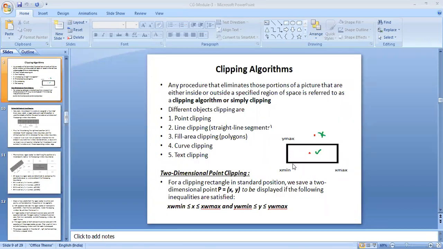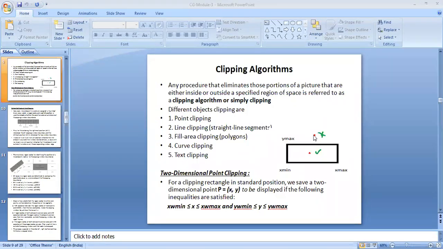But coming to y min and y max, this is y min, this is y max, and the operation is "and", which means both the constraints should be satisfied. So this constraint will be satisfied for this upper point. But coming to this constraint, what is the y coordinate? The y quadrant is obviously greater than y min, but it should be less than y max.